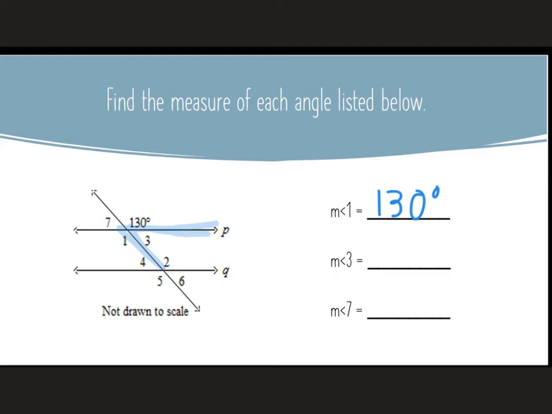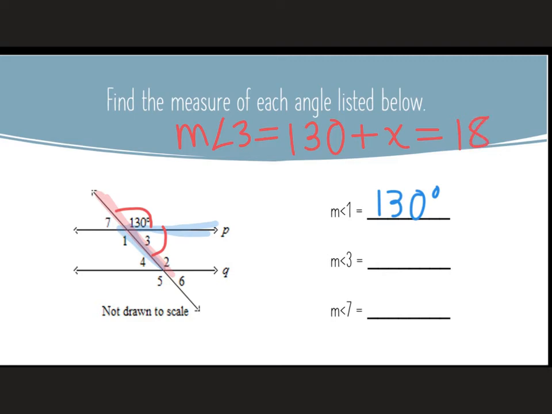So you can see that, again, we're using that 130 to help us, but we have a straight line between those two angles. So 130 and angle 3, those two added together create a straight line. So when I need to find the measure of angle 3, measure of angle 3 is going to be 130 degrees plus, I'll just use x for my missing angle.